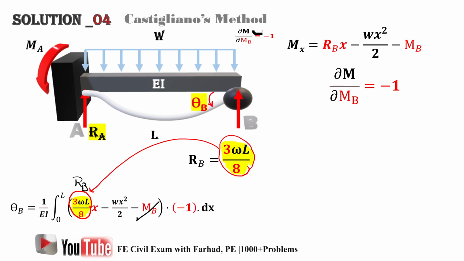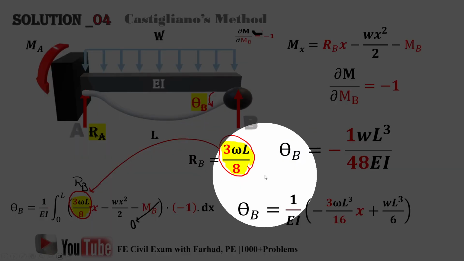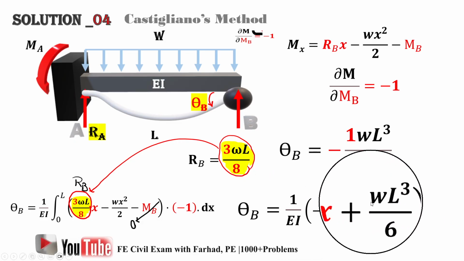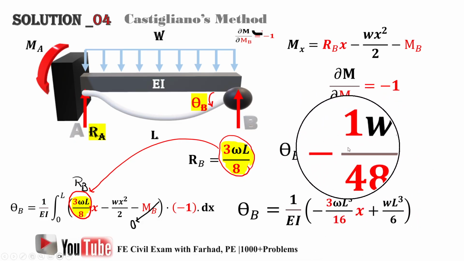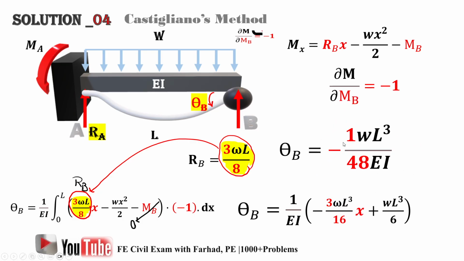We also know that M_B was a virtual one; in the real, original beam, we didn't have any moment at B, so that goes to 0. We just need this derivative located here. So theta at B is equal to this equation, and if you do the math, it gives you negative WL cubed over 48 EI.